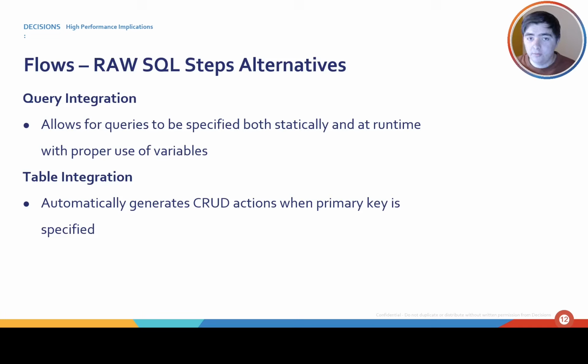This allows you to perform your typical create, delete, update steps against that particular table in the database. And once again, it's more performant than the raw SQL step. If you're trying to use the raw SQL step to accomplish CRUD actions against a table, this is a better method here.